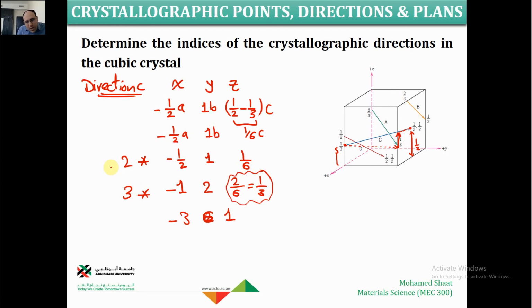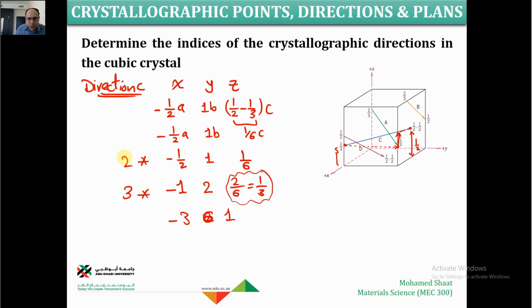As you can see, we multiply times 6, not 12, not the multiplication of the denominators. We didn't multiply times 12, but instead we multiply times 6, which is 2, then 3. So it is preferred to do it this way. Start with the smallest denominator, then if there is one more fraction, multiply by its denominator to get rid of this fraction.